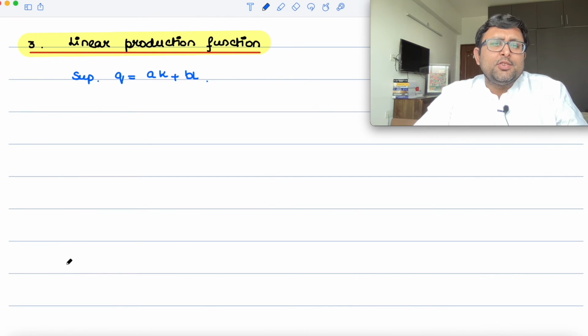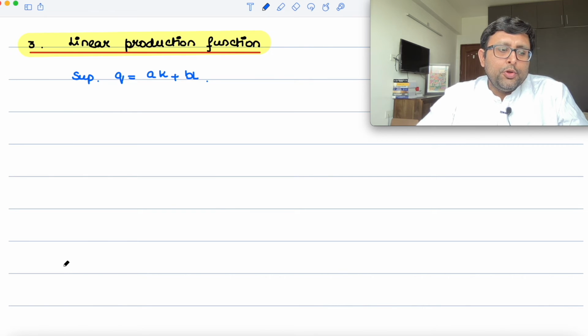Now these isoquants, what do you call, their slope is the same, right? These are downward sloping straight lines and their slopes are the same. That is, their slope is constant.